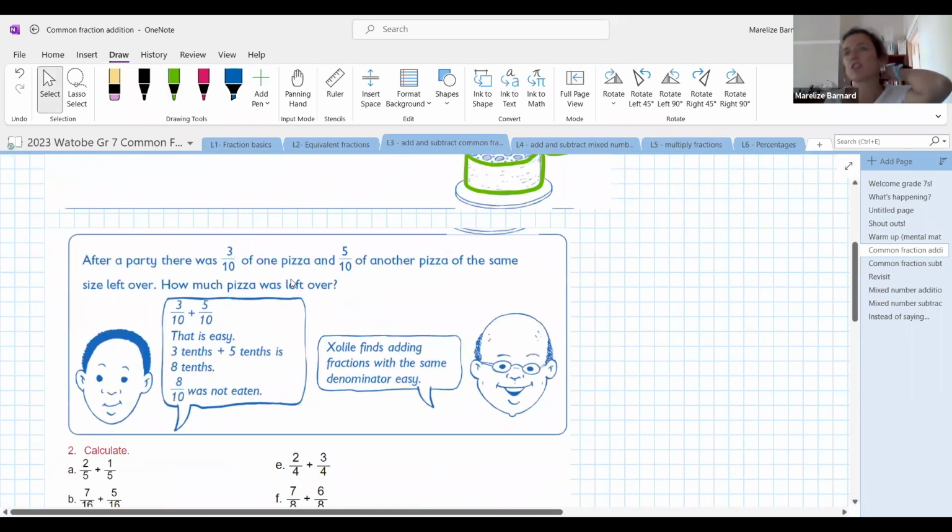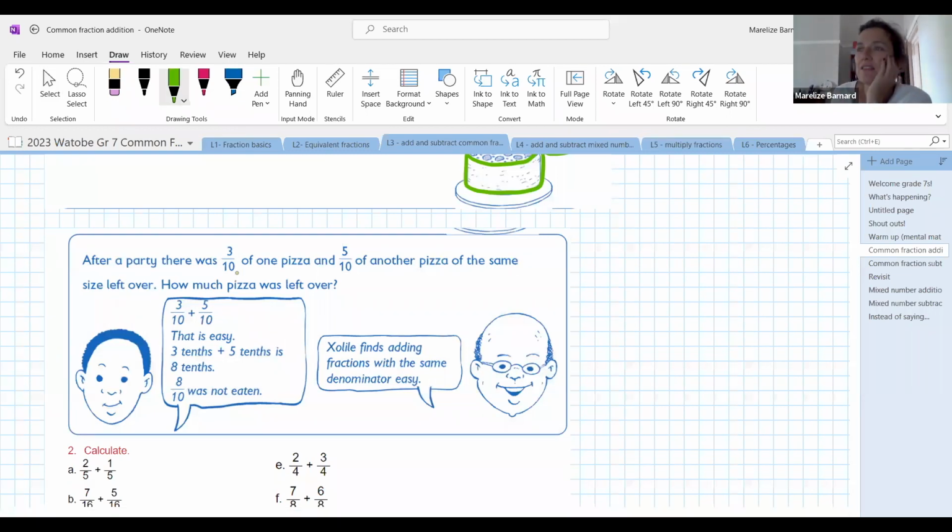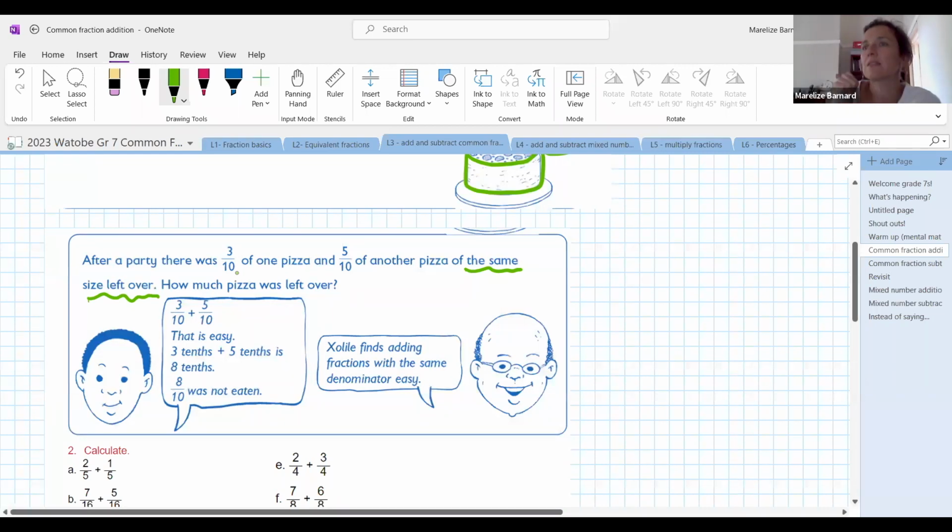Okay, so let's look at another one. After a party, there was 3/10 of one pizza and 5/10 of another pizza of the same size left over. How much pizza was left over? Okay, so here the way we can do it is to say I take the 3/10 plus the 5/10. That's easy because they're the same.